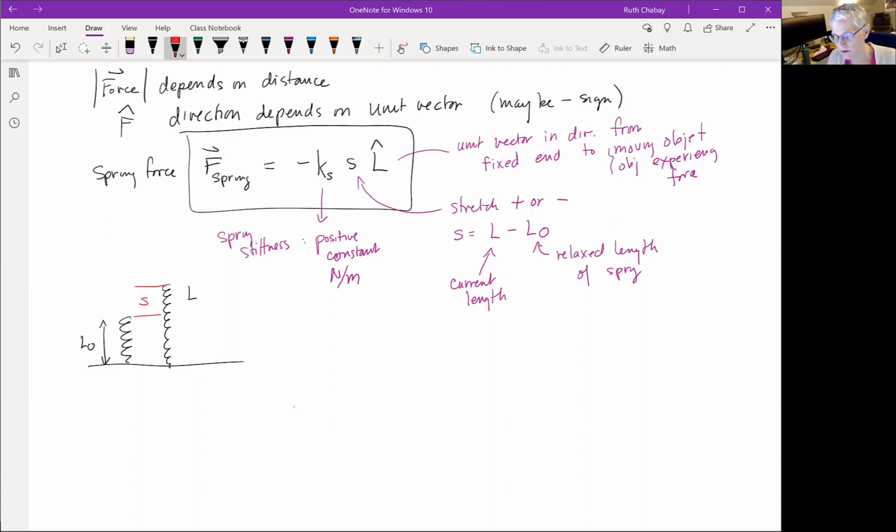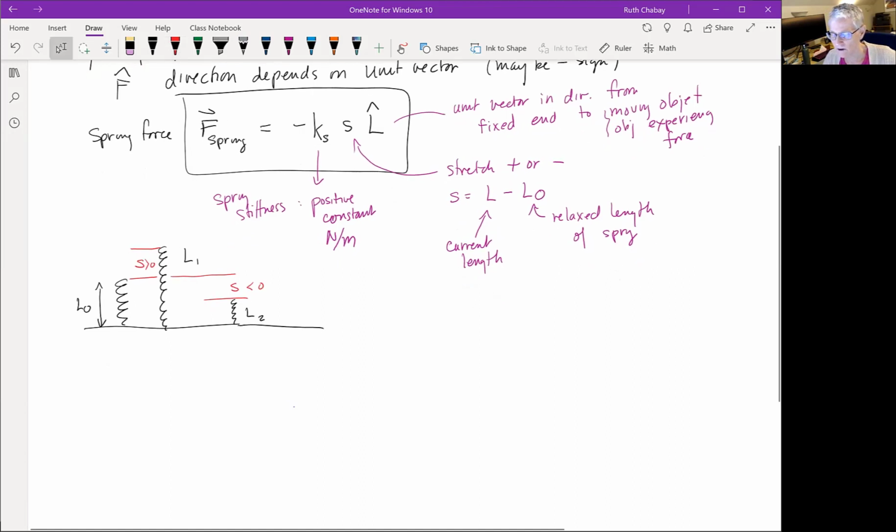It's the difference between its current length and its relaxed length. If we compressed it to some other new length, L2, then the stretch would be equal to that distance, and it would be less than 0.